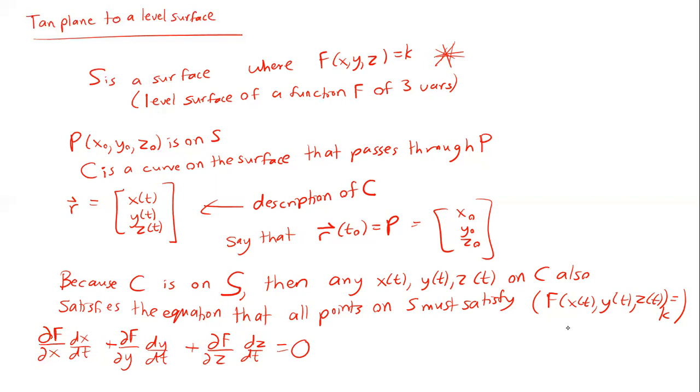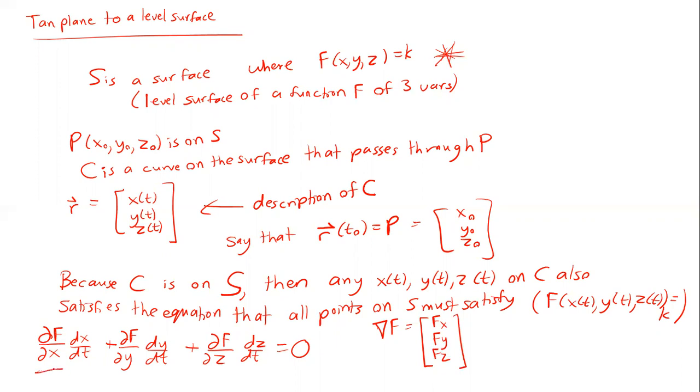And so at this point, we know this much, and we can say, okay, so this is true, but then also I could rewrite this as the following. Let me write this as the dot product of two different vectors, one of them being the gradient, which here would be fx, fy, and fz.